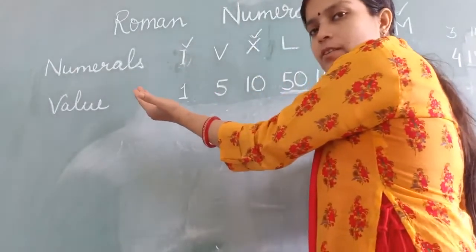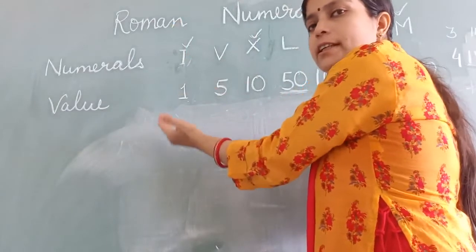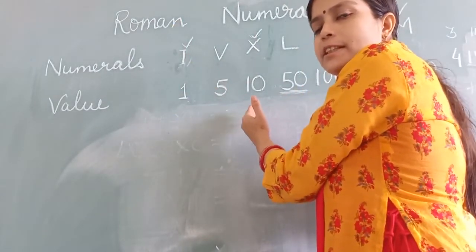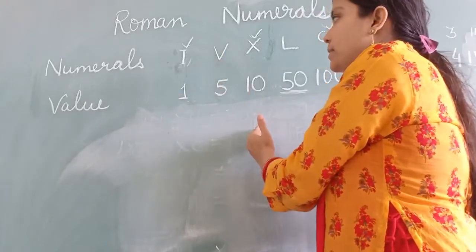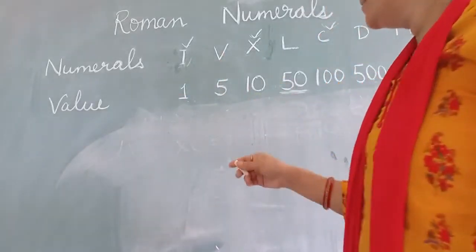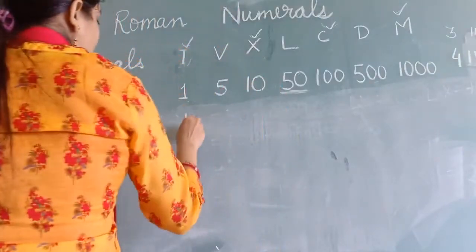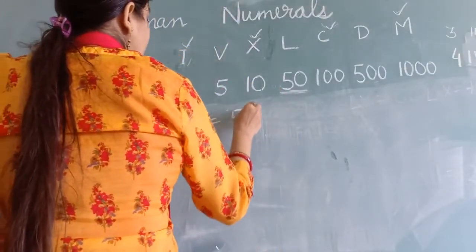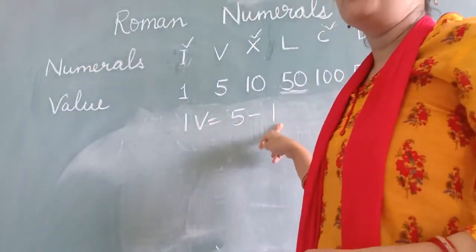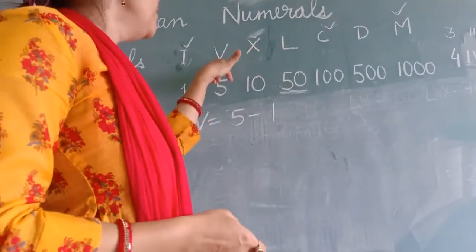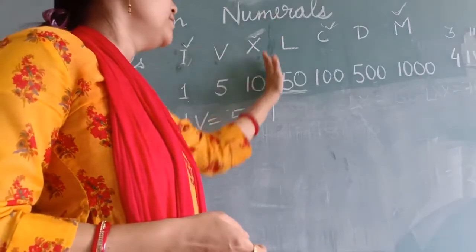When the smaller number is written on the left hand side of the larger number, it means we have to subtract the smaller number from the larger number. That I have also shown: if we write I before V, we subtract it from the bigger number. I and V, I and X. Finish.